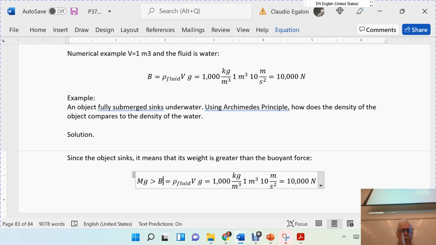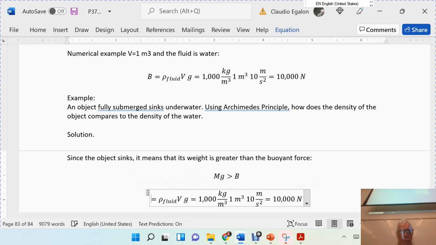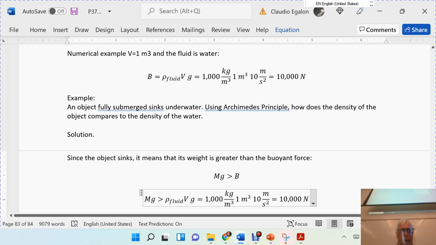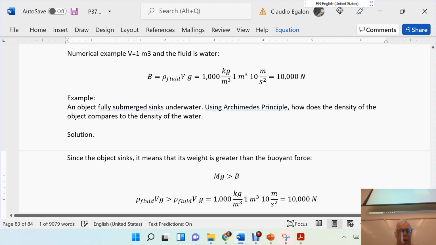And let's not forget that mg must be greater than the density of the fluid, times the volume of the displaced fluid, times the acceleration of gravity. But let's not forget that m can also be rewritten as the density of the object times its volume.